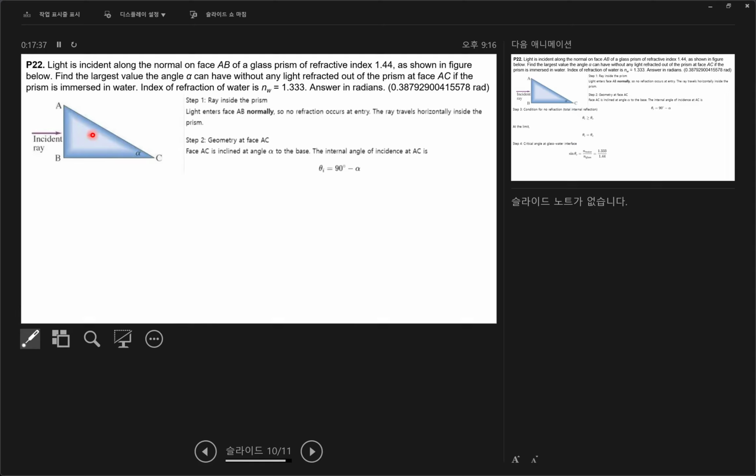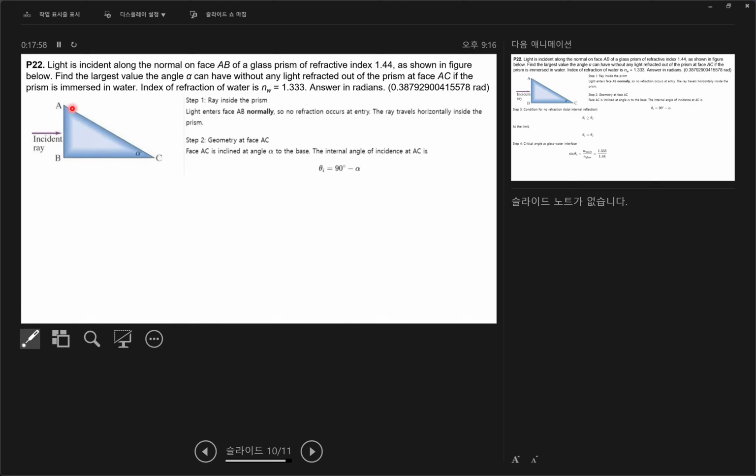So here is the case, and then the ray is reflected here. Light enters the face AB normally, so no refraction occurs at the entry. The ray travels horizontally inside the prism.